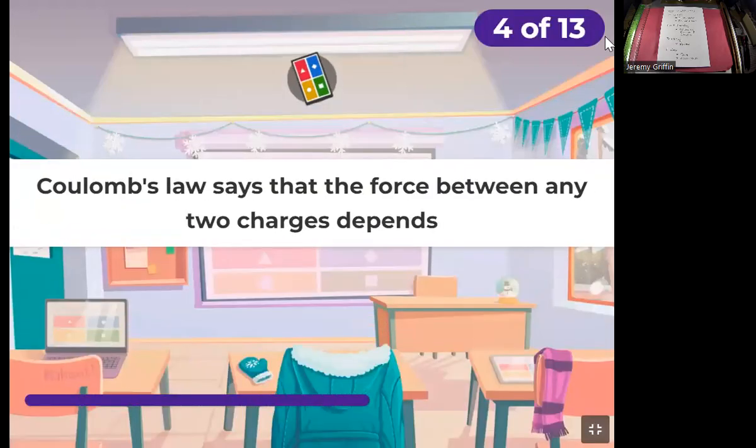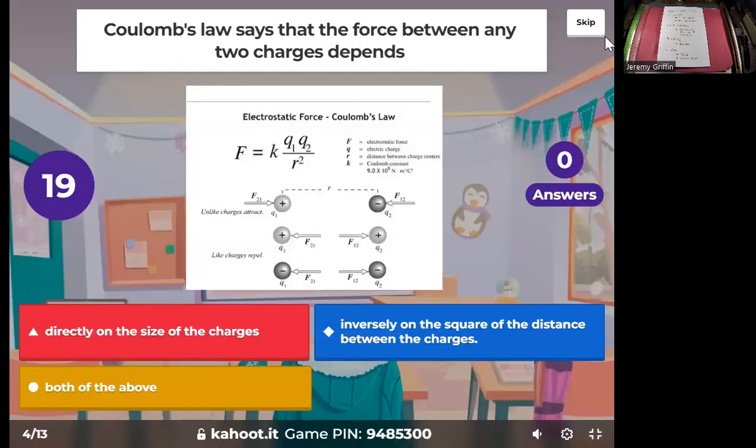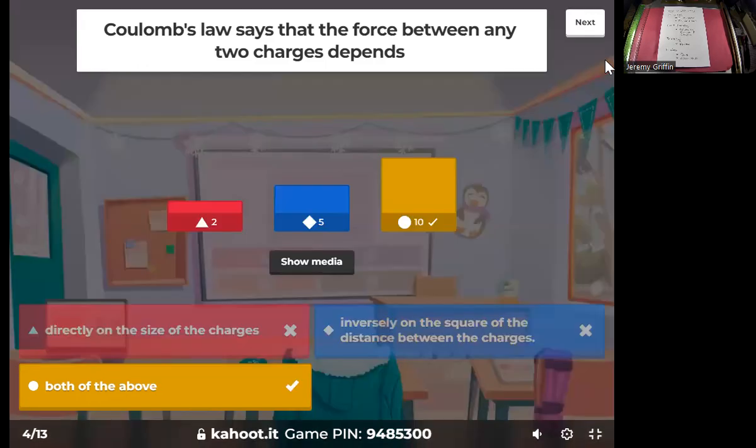Coulomb's law says that the force between any two charges depends on, oh, there's Coulomb's law right there. Yeah, both of the above. So directly on the size of the charges.